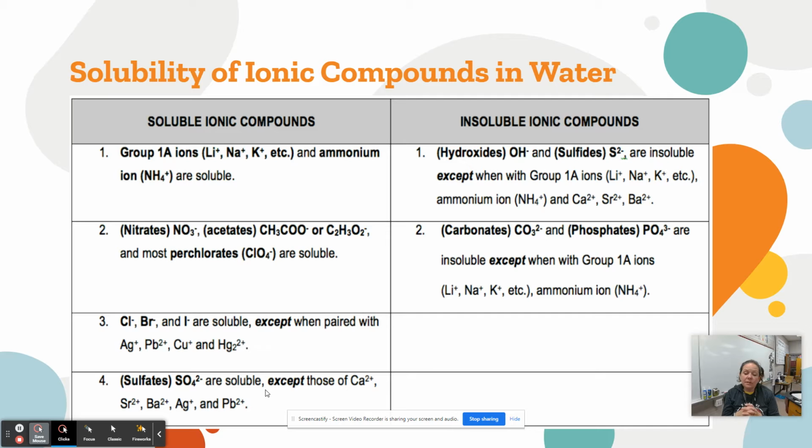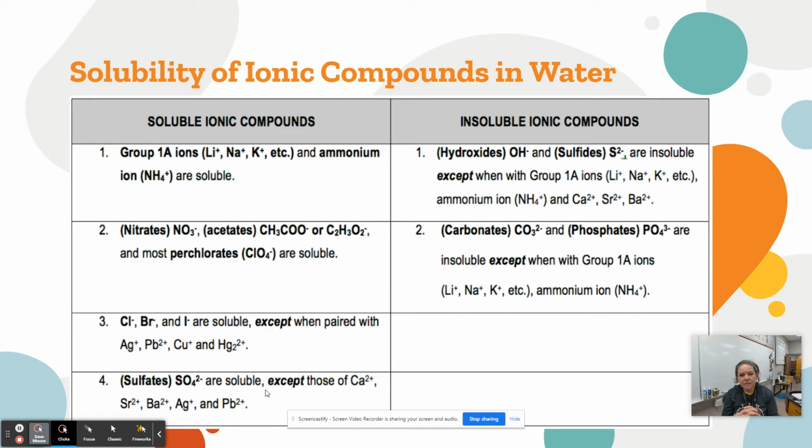But the way that we tell if something is soluble or non-soluble is we use a list of rules. Now, you're not expected to memorize these rules, but you are expected to be able to read them. So we need to be able to look at a salt, then look at the rules, and you need to be able to tell me, is it soluble? So does it dissolve or dissociate into ions? Or is it insoluble? Will it stay a solid?